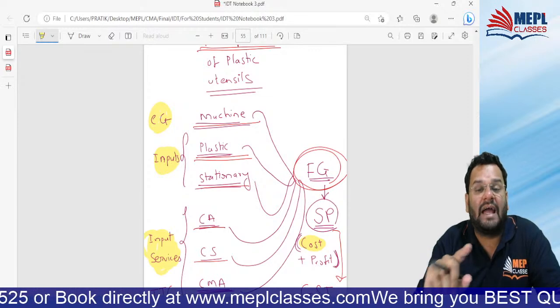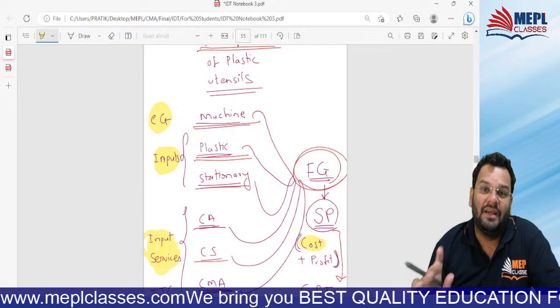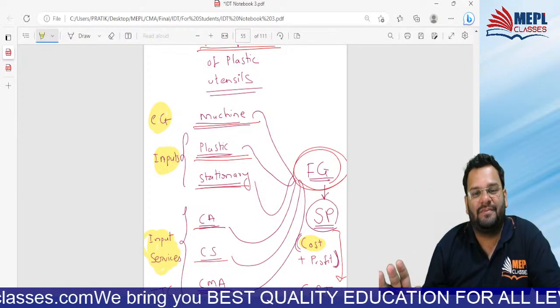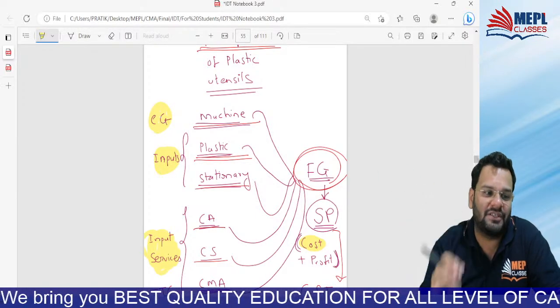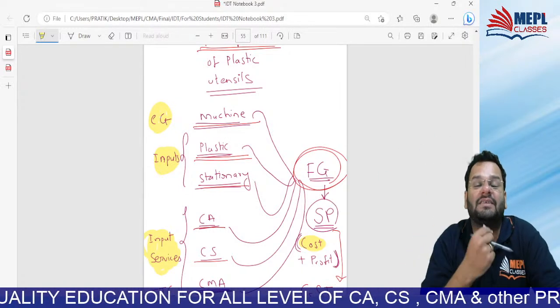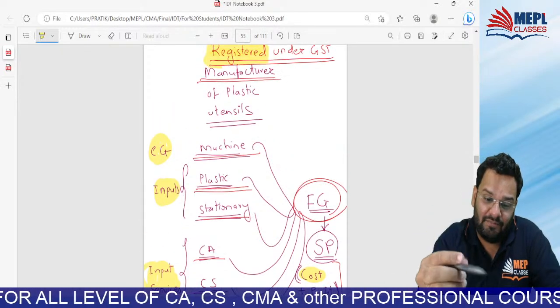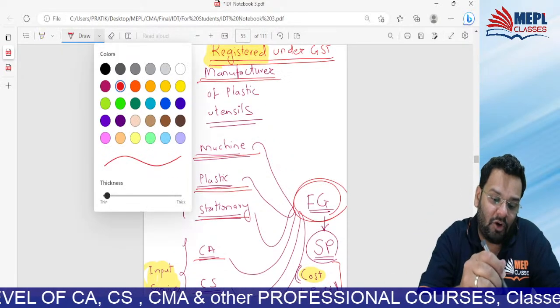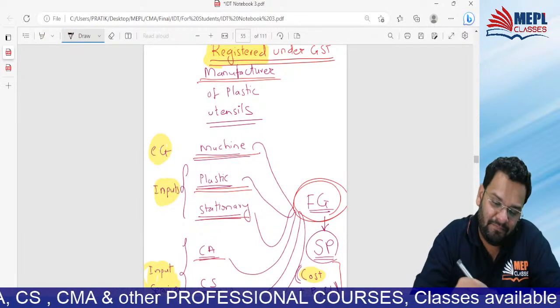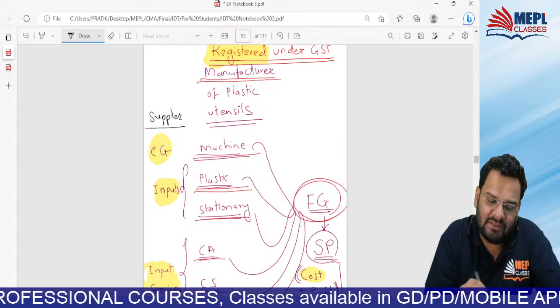Then the tax on the supply should be paid to the government. Return should be furnished. GST return should be furnished. This information should be given. Then what else are the conditions? There are a lot of people supplying these things.